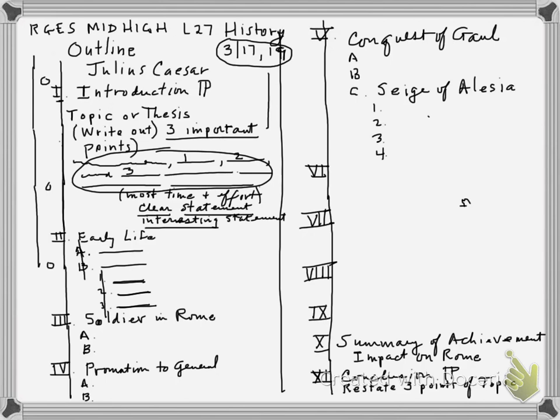And then you write a summary. You are going to summarize his life in just about 4 or 5 sentences. So it's real clear. You restate those 3 points, and then you give a summary in 4 or 5 other sentences that finish out the conclusion.